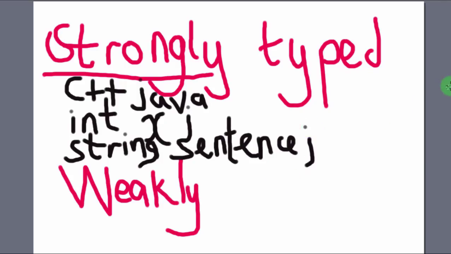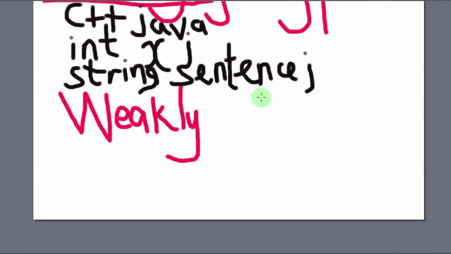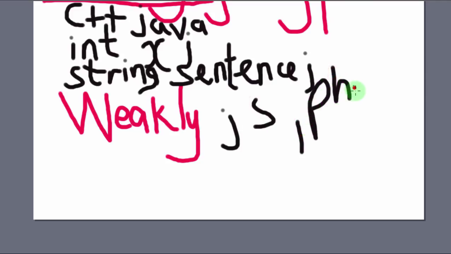In a weakly typed language, you don't have to declare the type of the variable. For example, JavaScript, and even in PHP, you don't have to declare the type. So if you're to declare a variable in JavaScript, maybe let me use the var keyword.